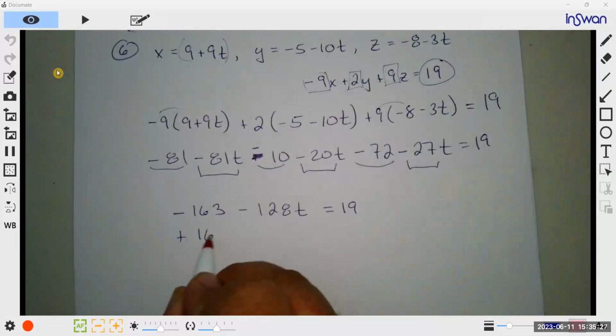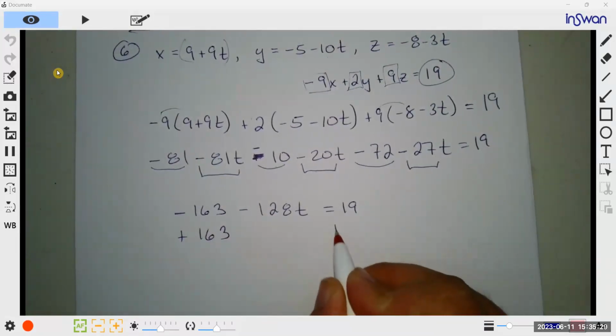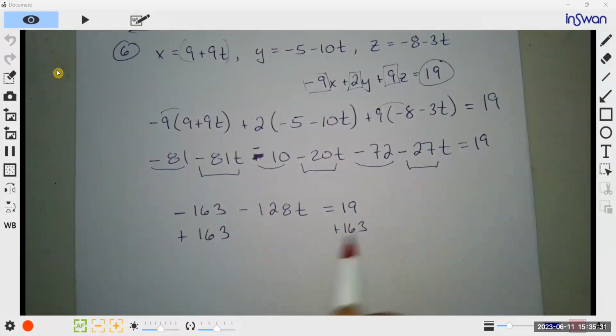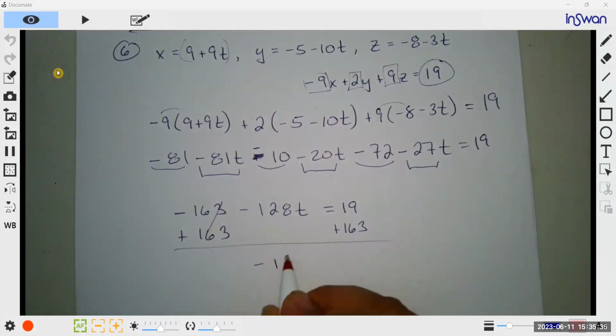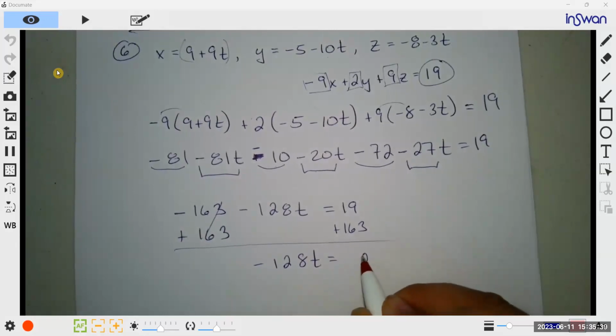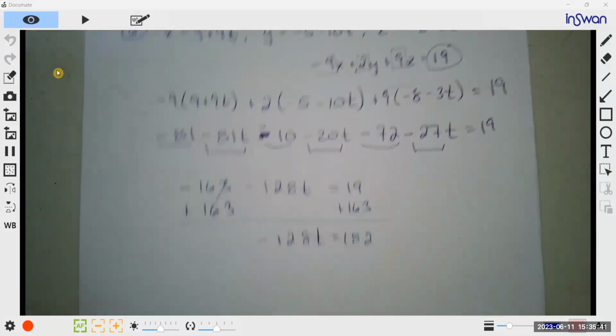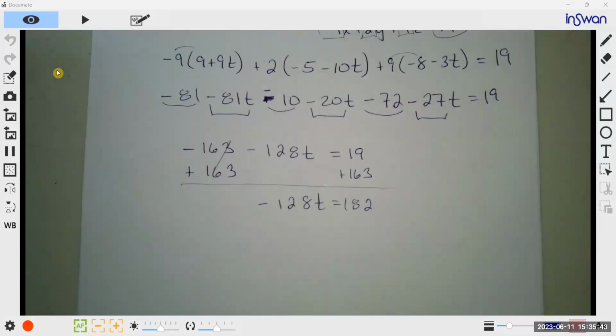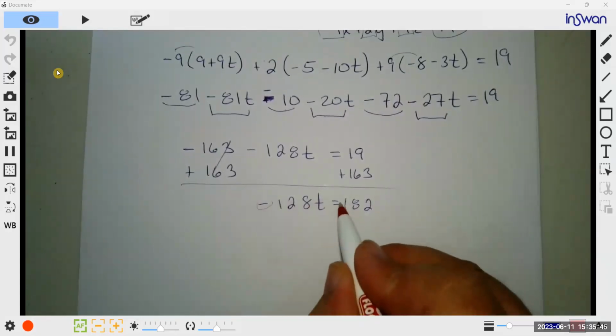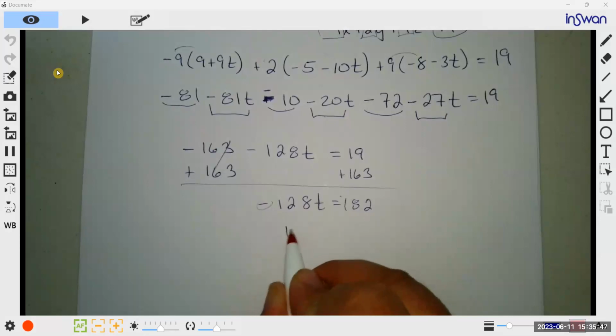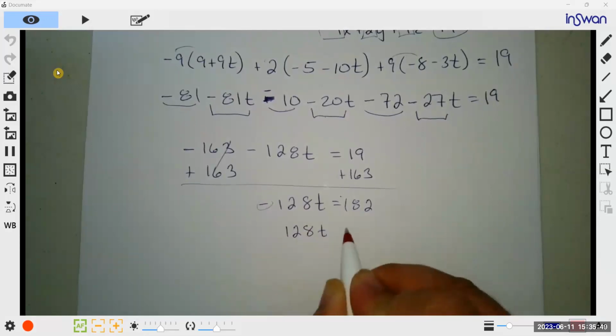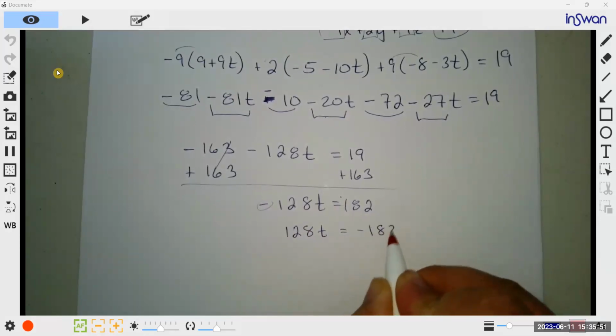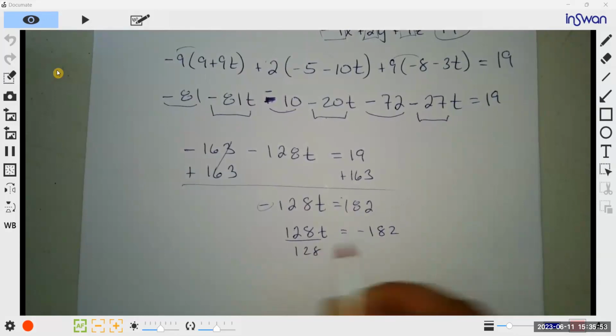So add 163 to both sides. Negative 128t is positive 182. Switch the signs and divide by 128.